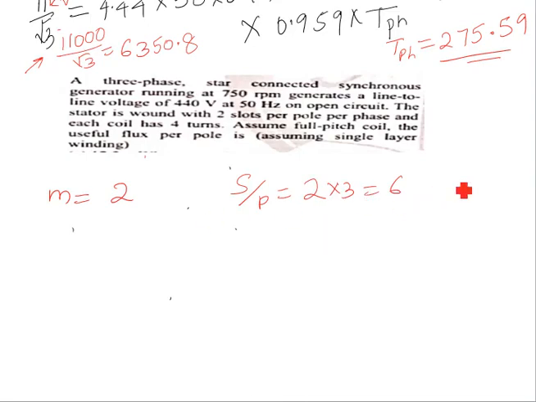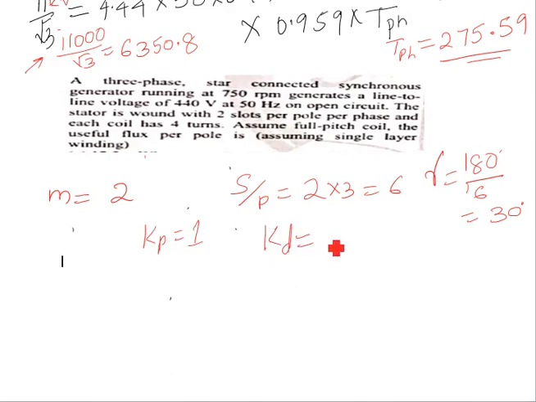So the slot angle will be 180 degrees divided by slot per pole, that is 6, so you will get 30 degrees. This is your slot angle. Now it is already said that it is a full pitch coil, so kp is no doubt 1. Now you have to focus on the kd calculation.